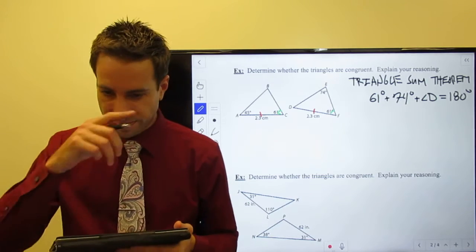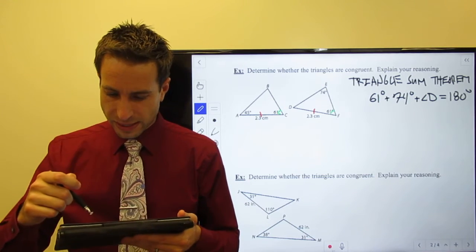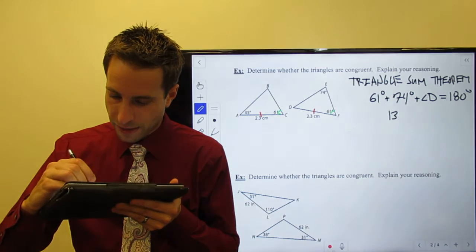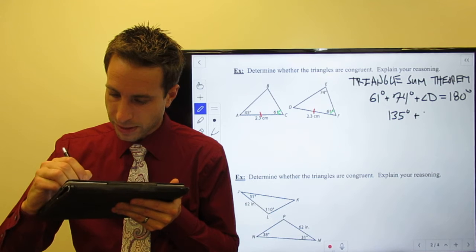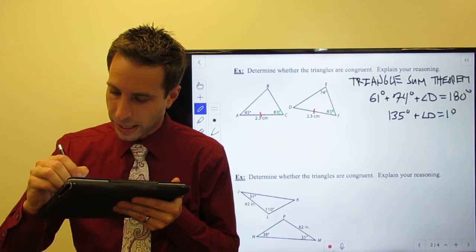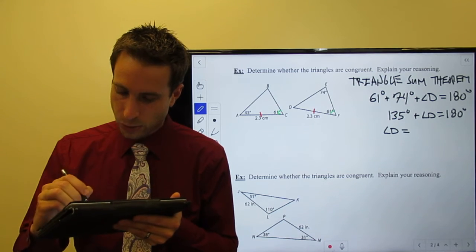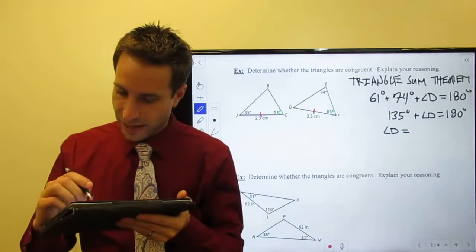All right, well, here we go. 74 plus 61 should be 135, so 135 degrees plus angle D is equal to 180. Let's solve for angle D. Angle D is going to be equal to, I have to subtract the 135 to the other side.